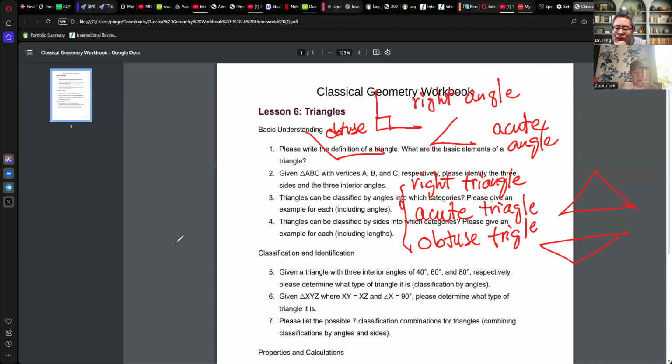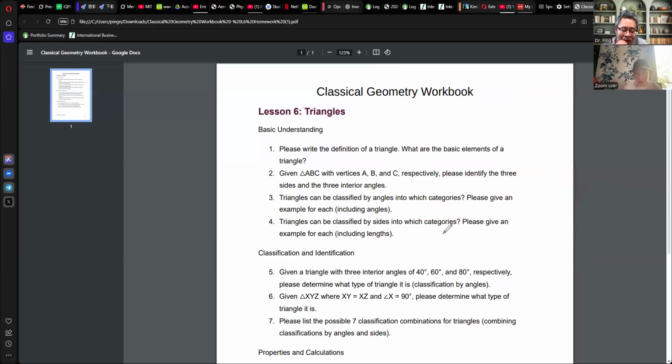Now, how about by the sides? Couldn't they be equilateral? Yeah, equilateral, very good. Isosceles, where two sides are equal, and the scalene, where all are different. Very good.